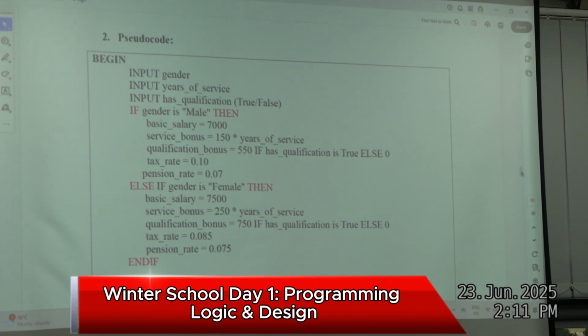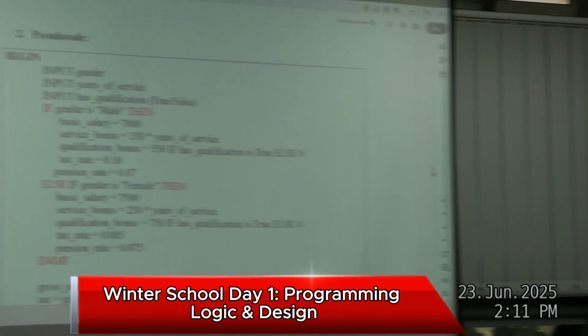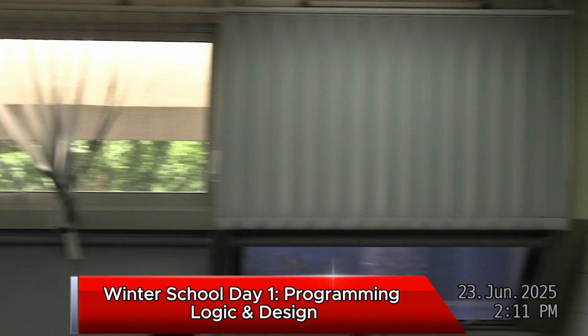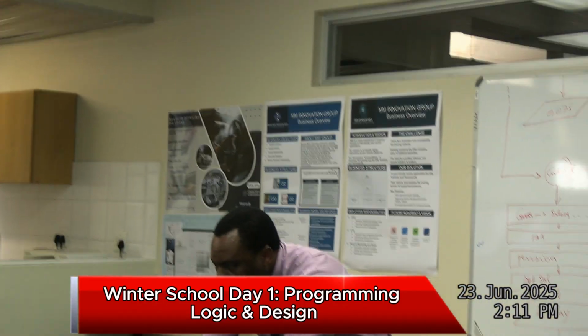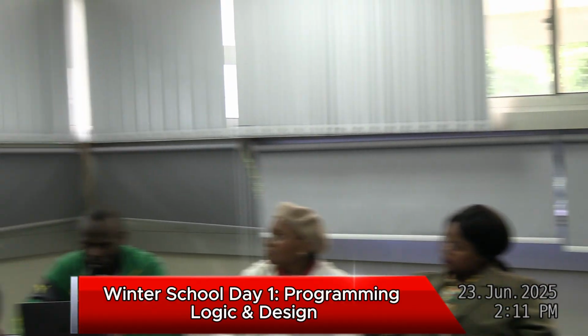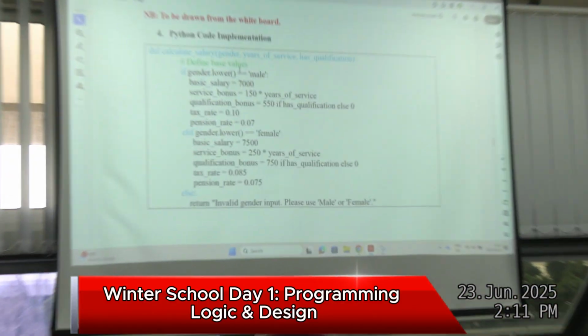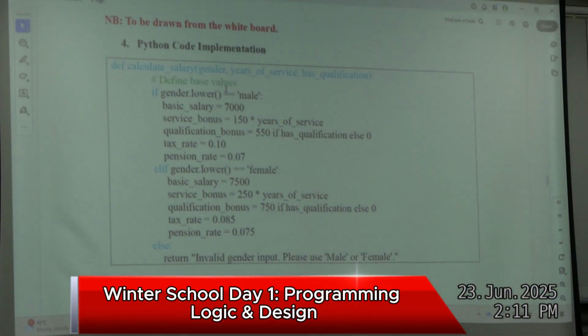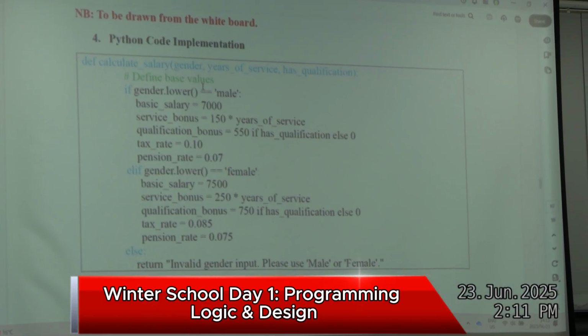You cannot just come up with something without entering. It says input here. Enter the gender. But first, before inputting the gender, you must define the gender. You define gender X assigned to this, assigned to that, and so on.